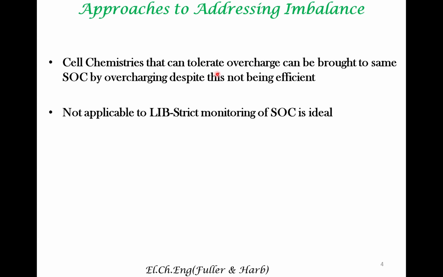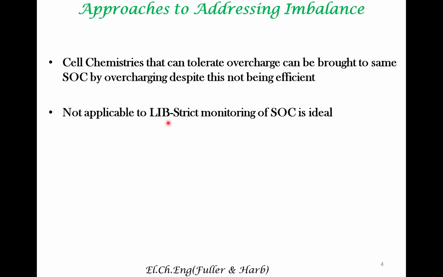Because you are overcharging the battery. But in some battery chemistries, for example, lithium ion battery, they are very sensitive to overcharging because overcharging causes permanent, detrimental changes to lithium ion battery. So you want to avoid this overcharging, and this strategy is not applicable.